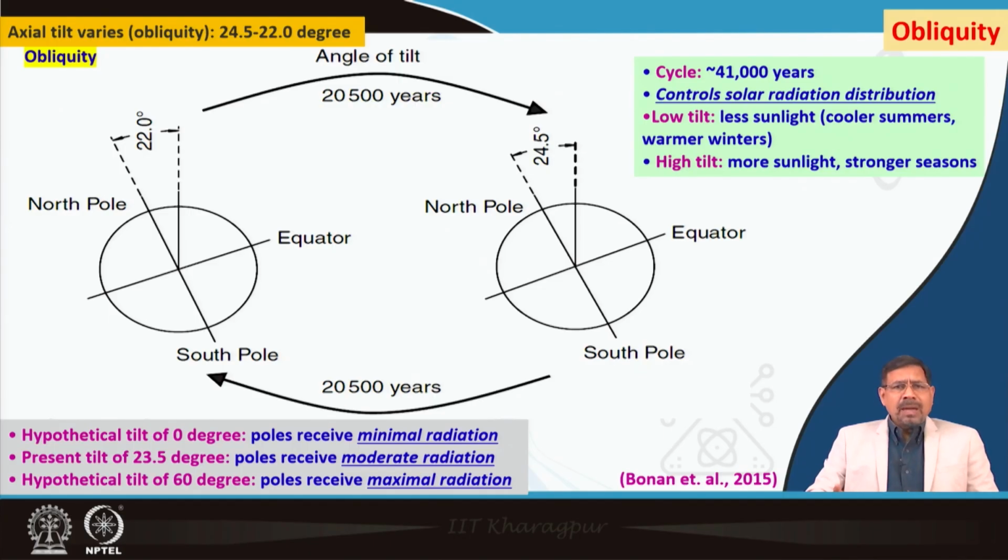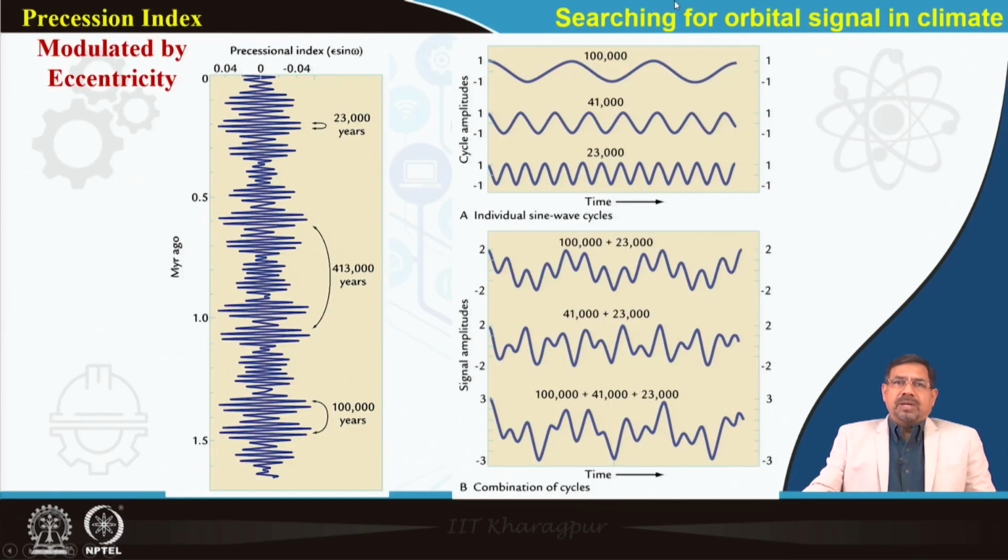So with a hypothetical tilt of 0 degrees, the poles receive minimal radiation, but the present tilt is 23.5, the poles receive moderate radiation, and as in this figure we are discussing, it varies between 22.1 to 24.5 at an epoch of 41,000 years repetitivity.